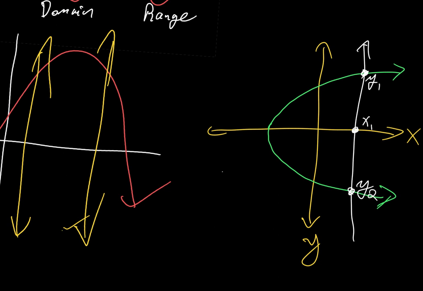So since that graph has x1 comma y1, and it has an x1 comma y2, there's two different values for the same x. This is considered not a function.